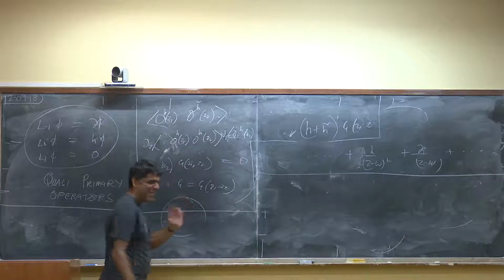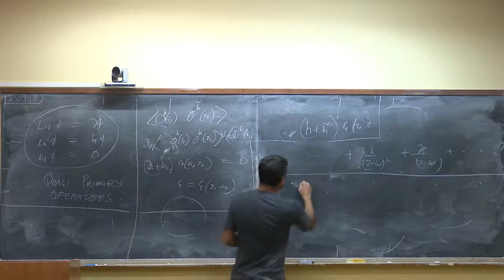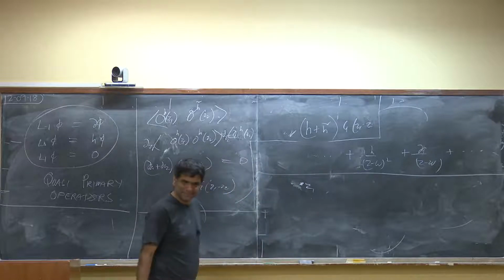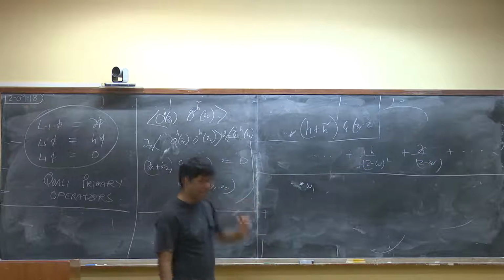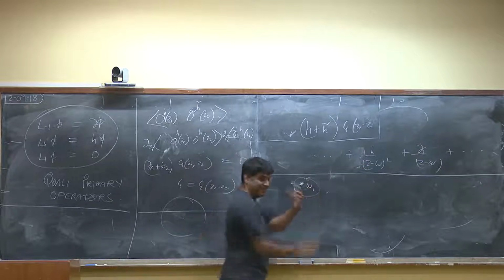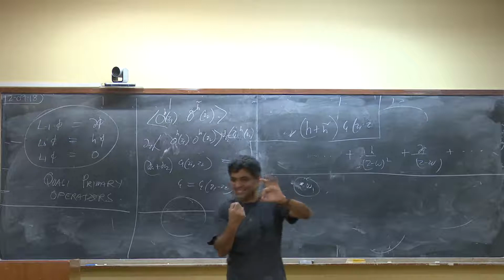Now suppose we've got something inserted at the point Z1, let's call it W1. Remember that delta O was the residue of the operator.